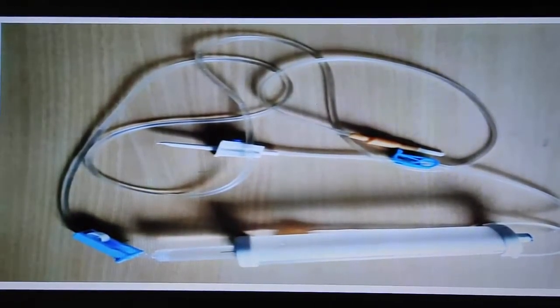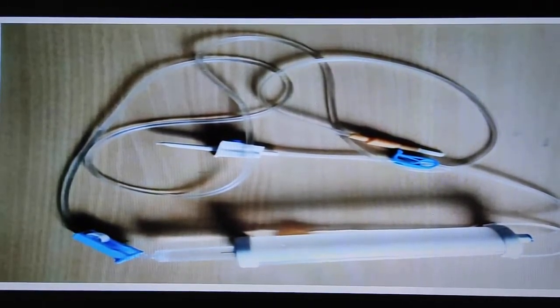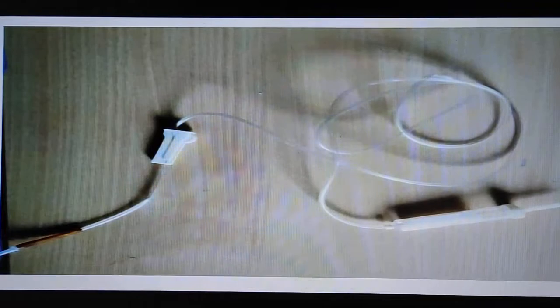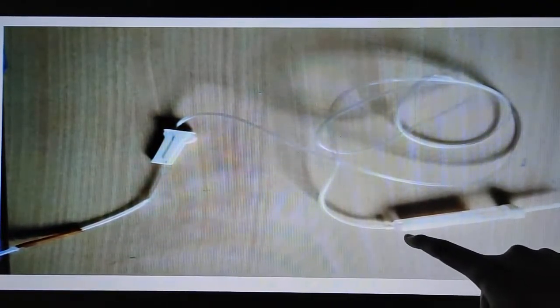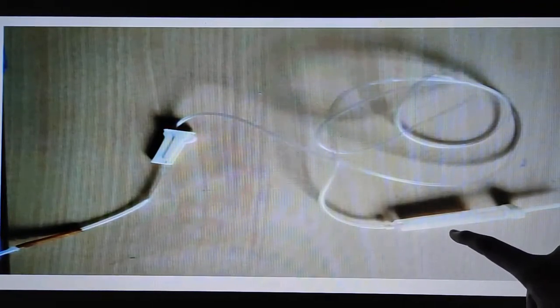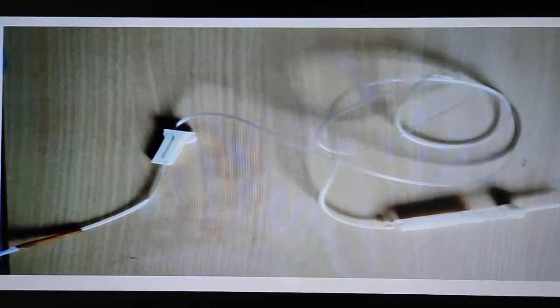This is micro drip set. This whole thing is called micro drip set and this is Murphy's chamber. Next, this is blood transfusion set. Here you can see the presence of a strainer which prevents the transfer of clots to the patient's circulation.